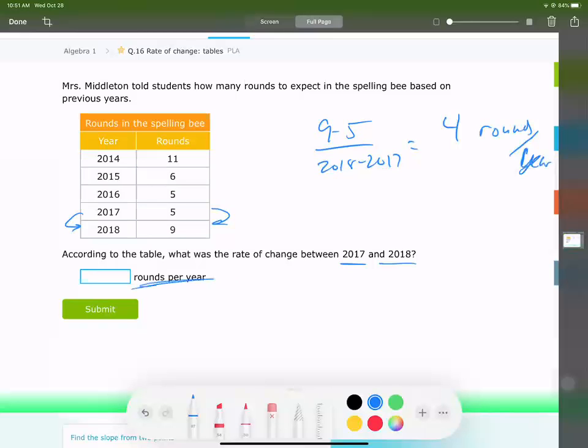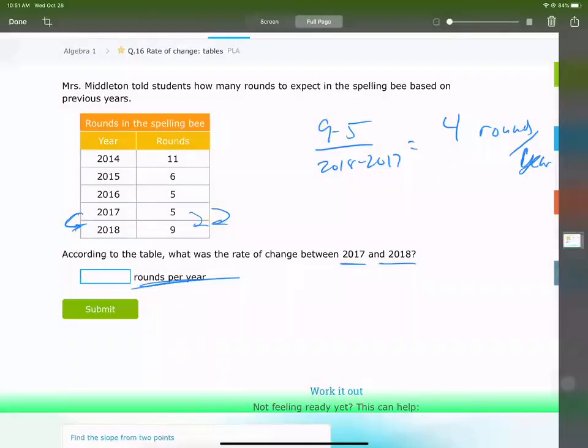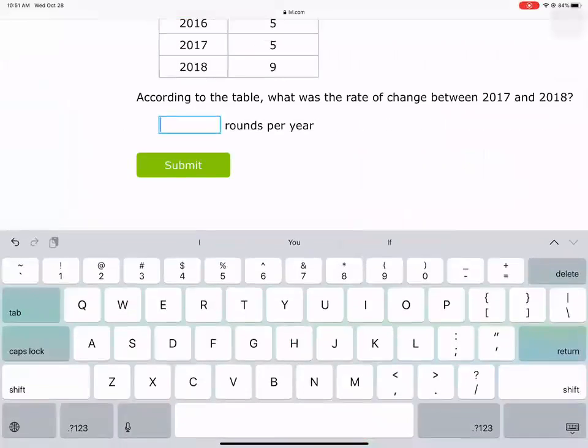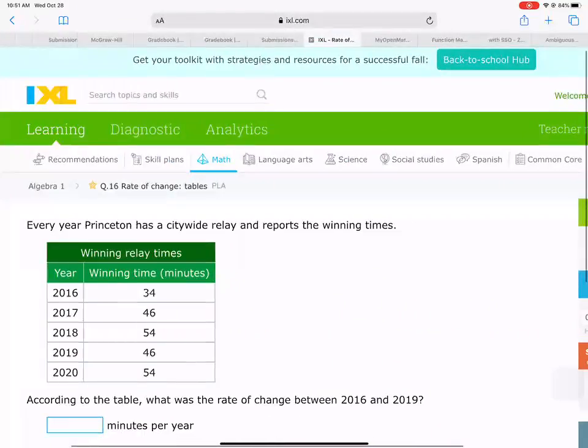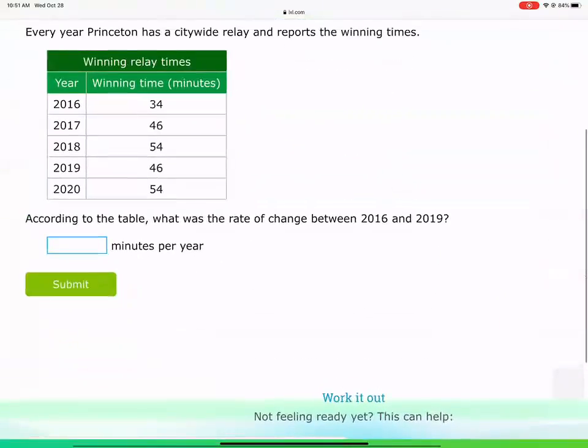Right? And that's what they wanted, 4 rounds per year. Or you could count 5 to 9 is 4 over 1 year. Now, we're going to see an example here as it's not just 1 year anymore. 4 rounds per year. Now, if we look at this one, let's jump down to the years that we see.